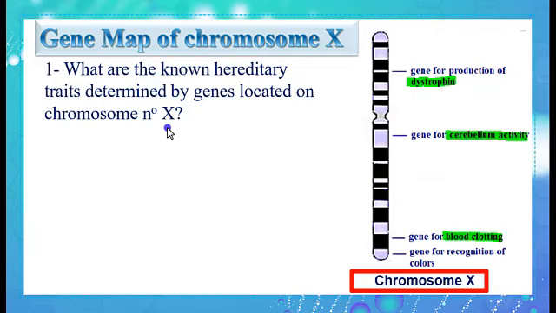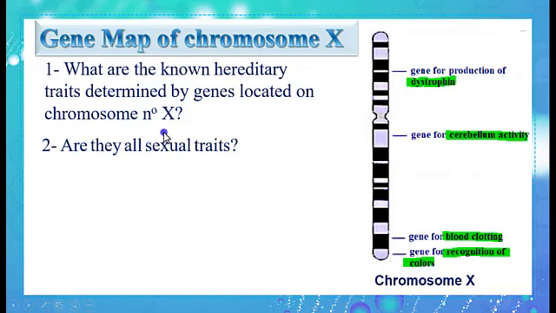We have a gene for cerebellum activity. We have a gene for blood clotting. What do you mean by blood clotting? It means to heal the injuries. We have a gene for recognition of colors. And also, as we mentioned before, we have lots of other genes located on chromosome X.